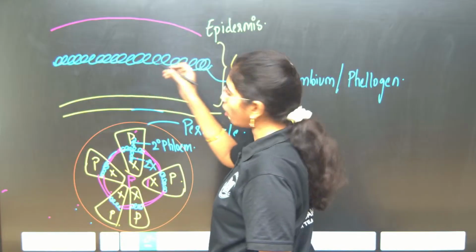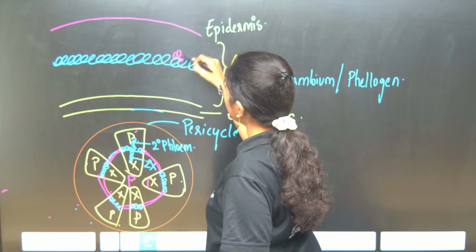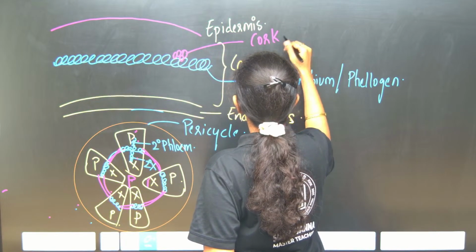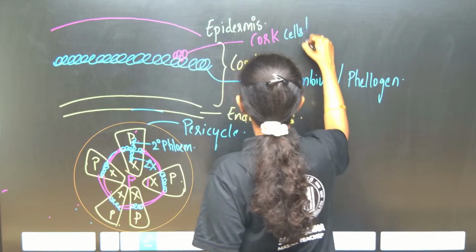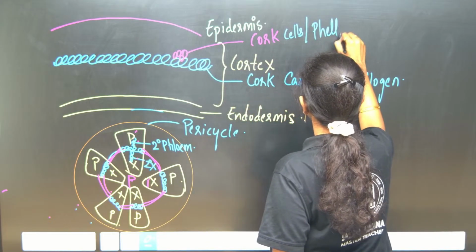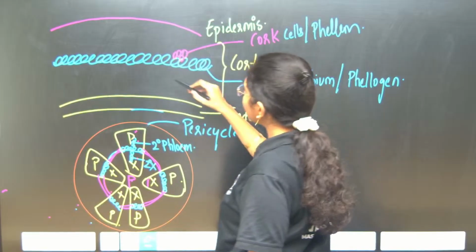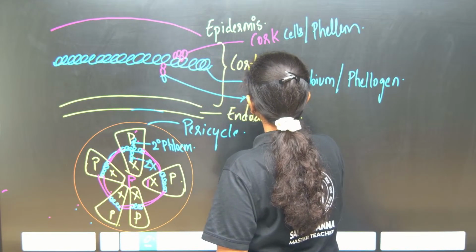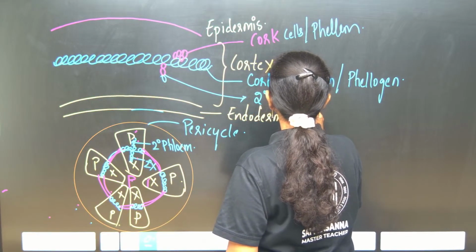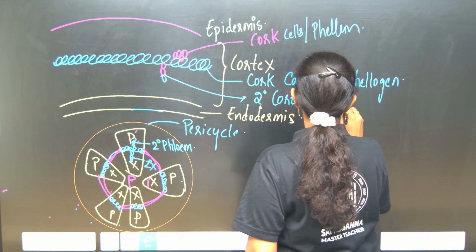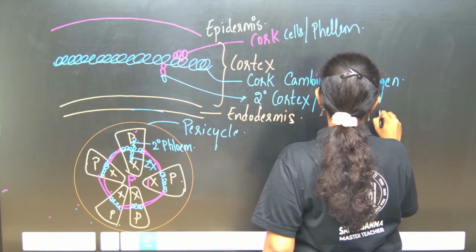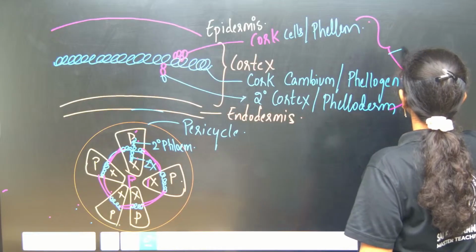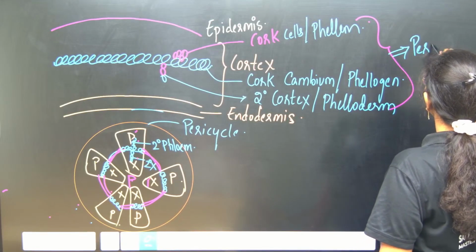New cells formed towards the epidermis are called cork cells, or phellem. Cells formed towards the endodermis are secondary cortex, or phelloderm. Phellem, phellogen and phelloderm together are called periderm.